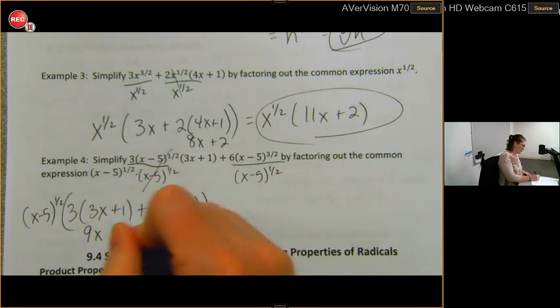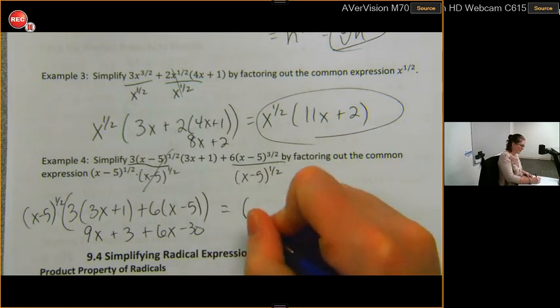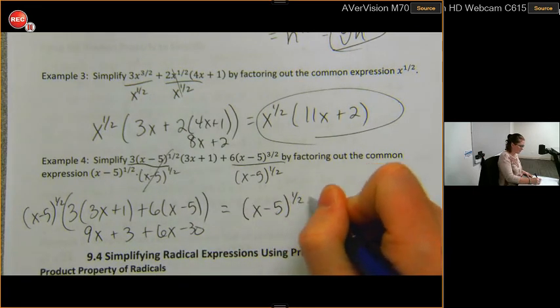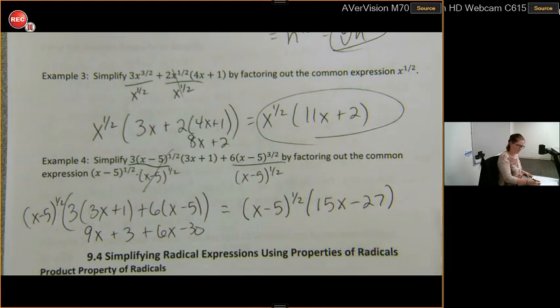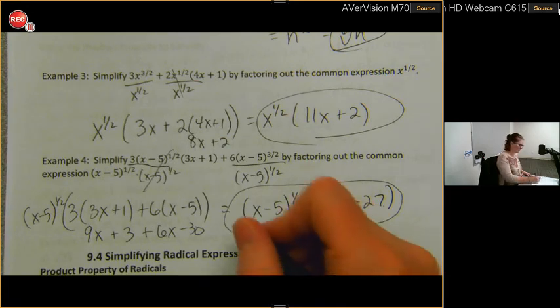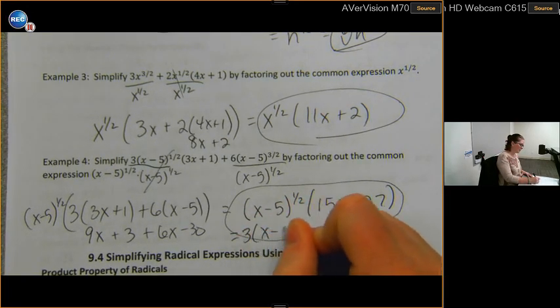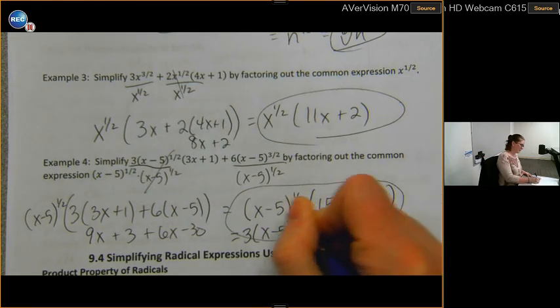So I'm going to distribute and combine like terms. Actually, one more step. I just realized 15 and 27 have a common factor of 3. So let's factor that 3 out as well. So we'll go with this one here for our final answer.